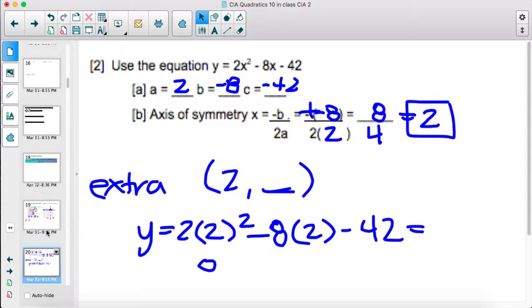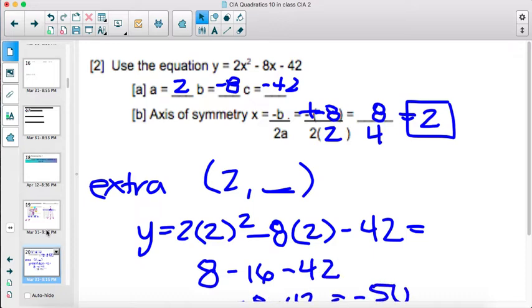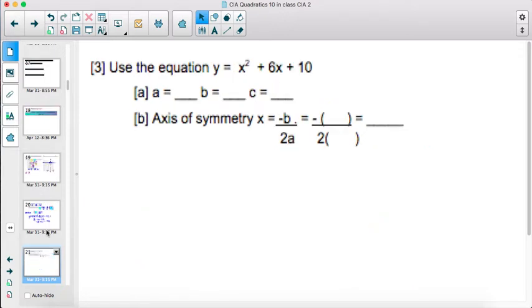When we do that, we get 8 minus 16 minus 42, and we get -50. Again, that's not required. The first part is the only part that's required, so being able to find the 2 using the formula negative B over 2A is what's most important for your quiz. So go ahead and pause the video and try this same type of problem on your own.